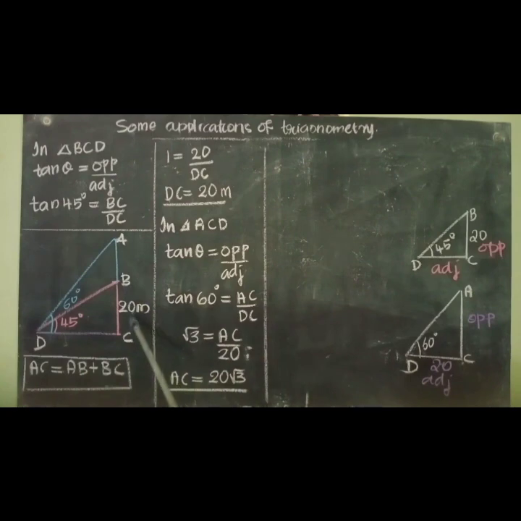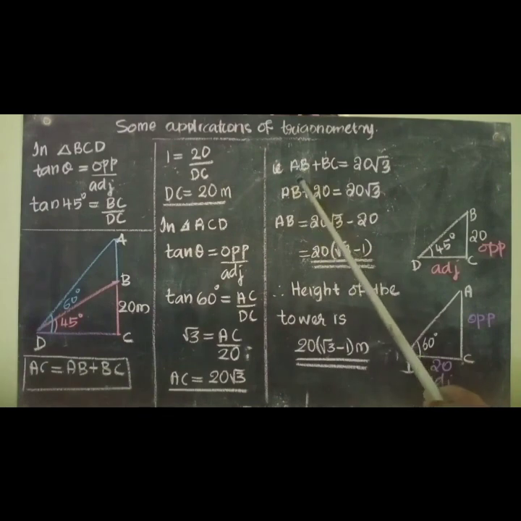Now you see the figure. What is this AC? AC is AB plus BC. So here we can replace AC by AB plus BC.